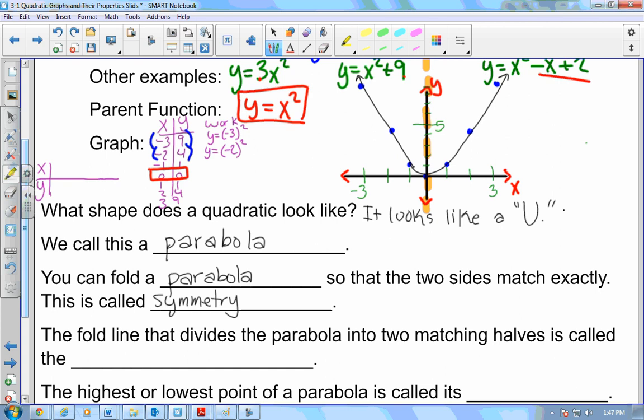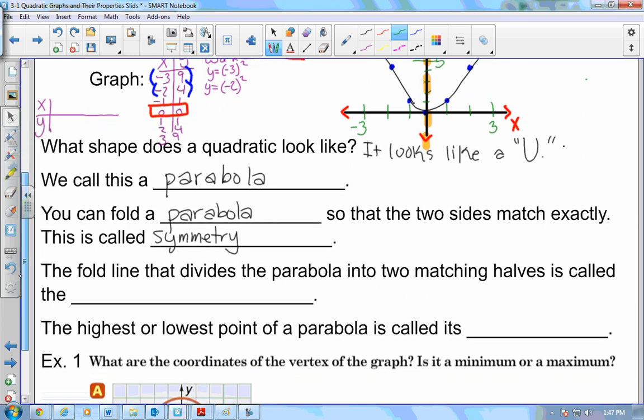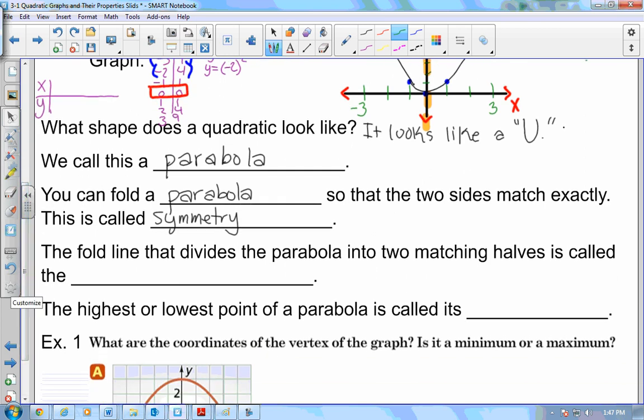The axis of symmetry. Because where this orange dotted line is, you can fold it right there, and it's symmetric. So the fold line that divides the parabola into two matching halves is called the axis of symmetry.